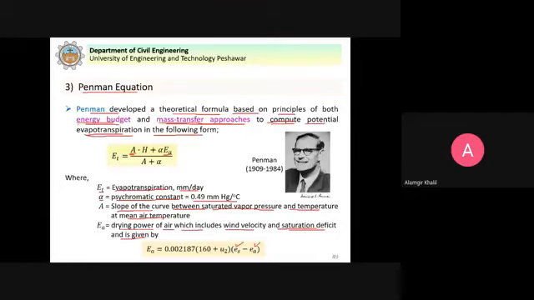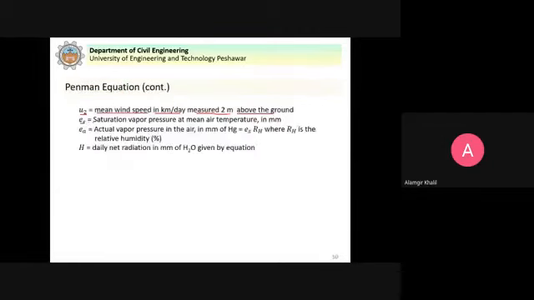ES and EA: ES is the saturation vapor pressure at mean air temperature, and EA is the actual vapor pressure in the air in millimeter of mercury, and is equal to ES multiplied by relative humidity. So if we know the relative humidity, RH, we can multiply it with the saturation vapor pressure to calculate the actual vapor pressure.